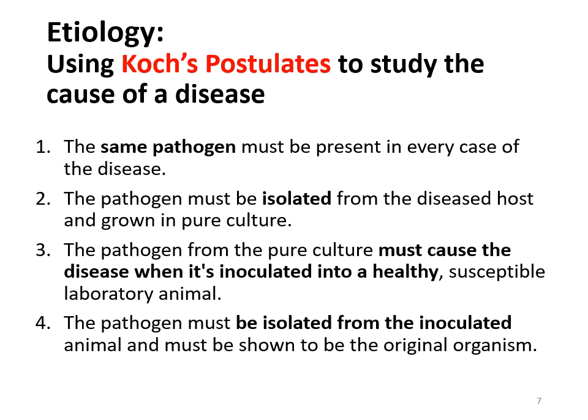If someone has disease A, but doesn't have the pathogen that you're suspecting of causing disease A, well then how could that pathogen be the cause if someone has that disease without that pathogen present? Okay, so the first aspect of Koch's postulates is that the same pathogen must be present in every case. For the rest of these, I'm going to move on to the next slide so you can visualize them at the same time.